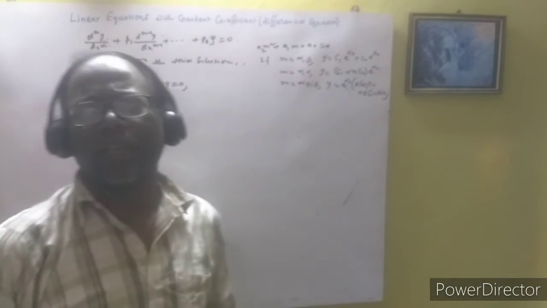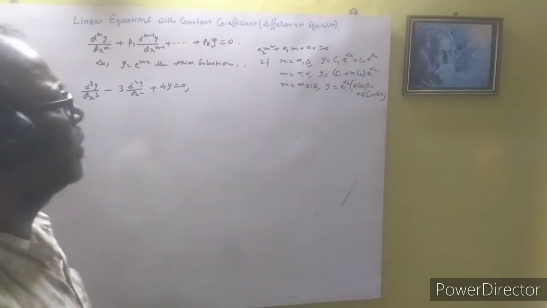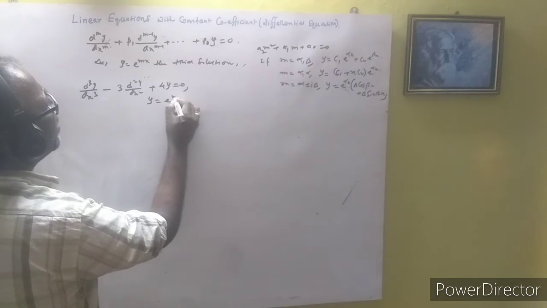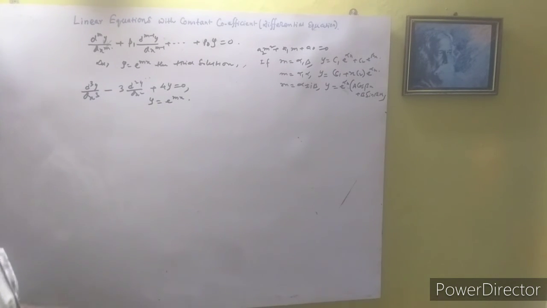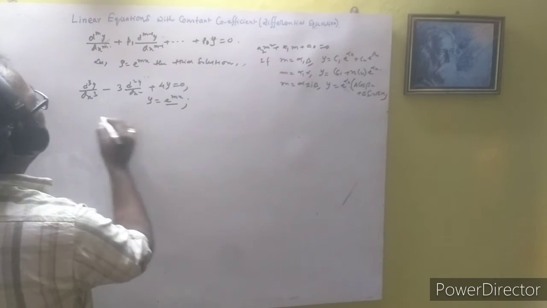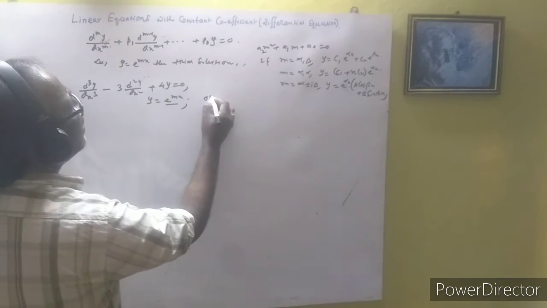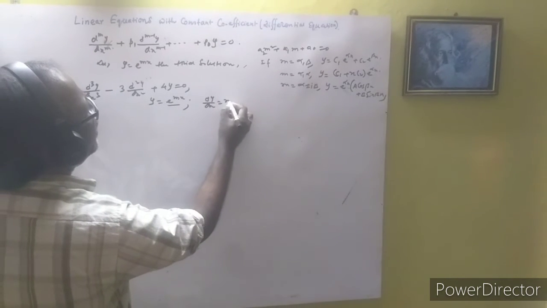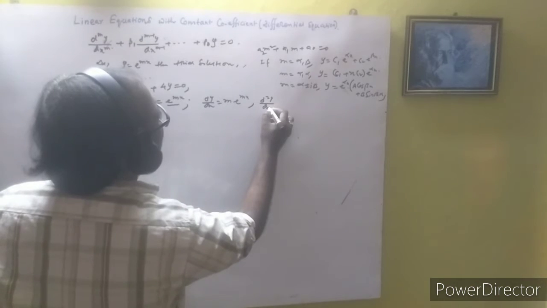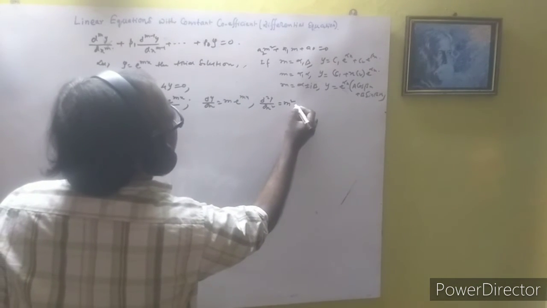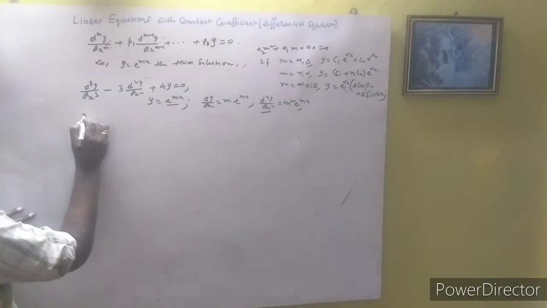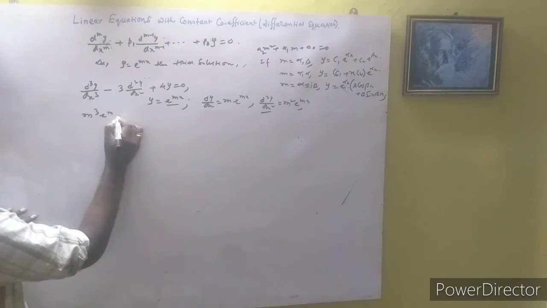Similarly, let us assume a trial solution y equal to e to the power mx. Then we take derivatives: dy/dx gives m e to the power mx, the second order gives m square e to the power mx, and similarly the third order gives m cube e to the power mx.